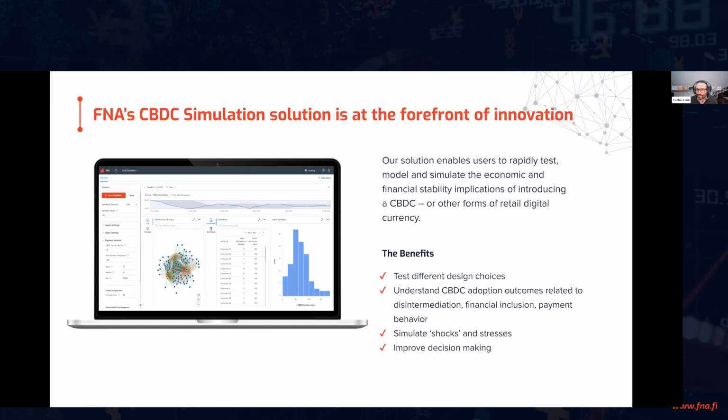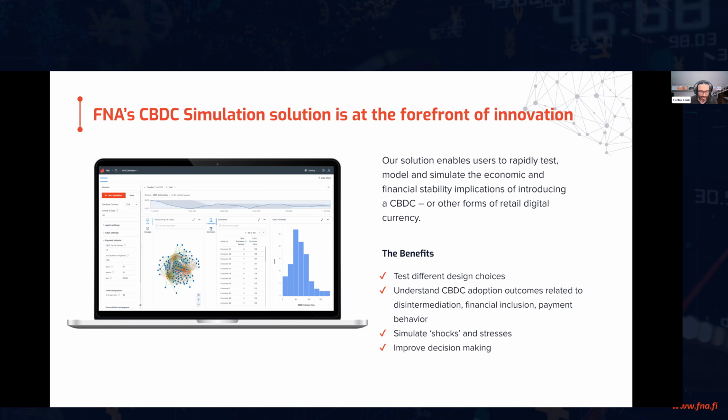Next, I would like to briefly talk to you a little bit about what FNA does around the CBDC ecosystem. FNA has a CBDC simulation solution that is at the forefront of innovation regarding this space. Our solution enables users to rapidly test, model, and simulate the economic and financial stability implications of introducing a CBDC or other forms of retail digital currency.